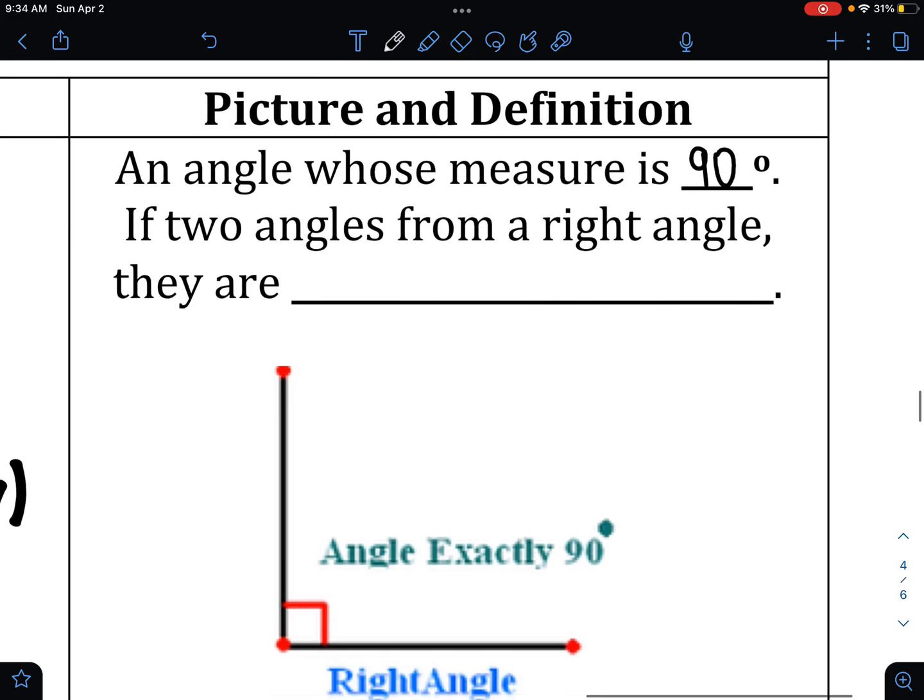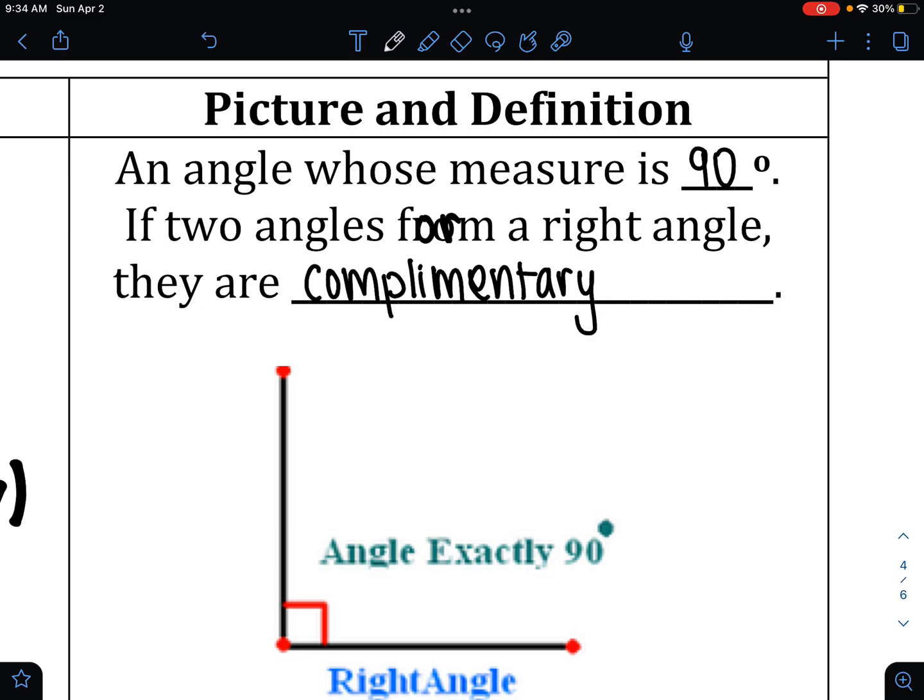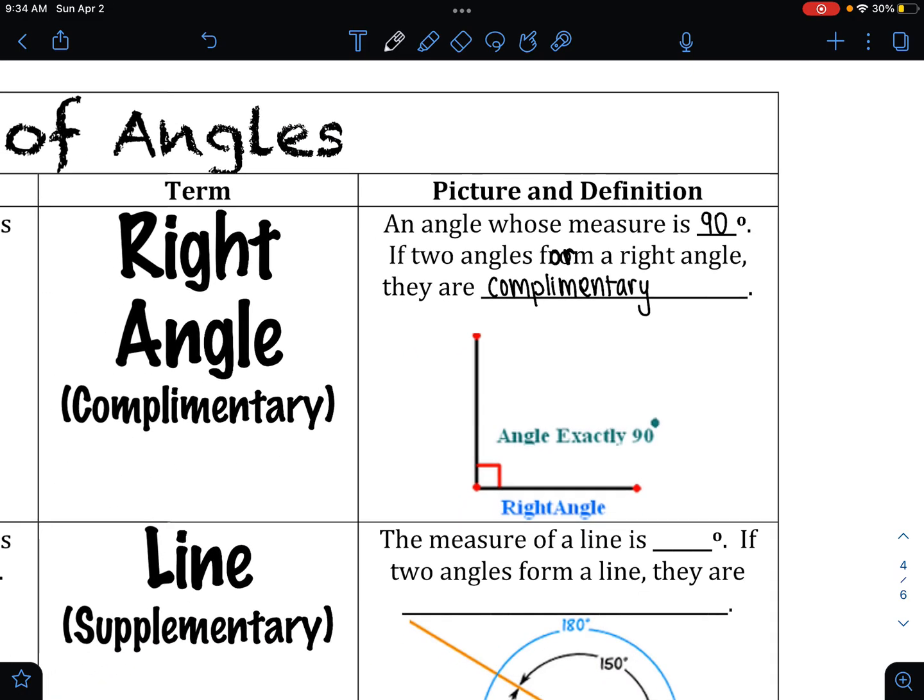And then if two angles form a right angle, they are what we call complementary. So we'll talk about that a little bit more down below.